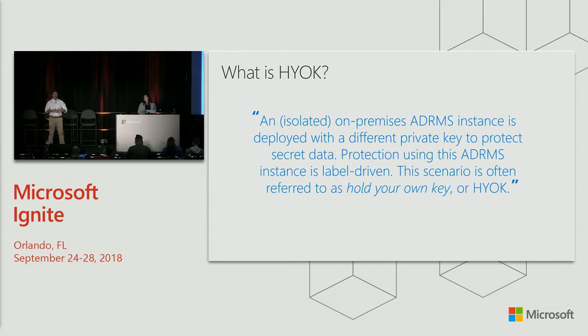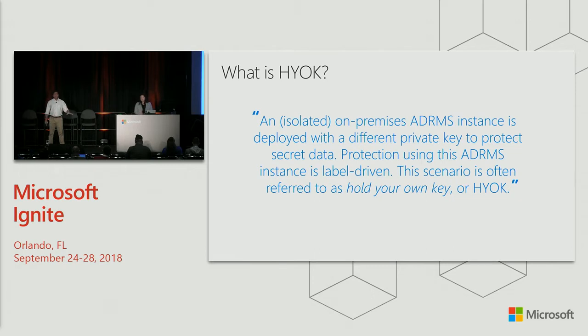I'm going to walk through this a little bit more. You have now two private keys, one in the cloud, one on-premises and isolated. The trigger for this is a label. You choose between a label in Azure Information Protection, and it decides which key to use.